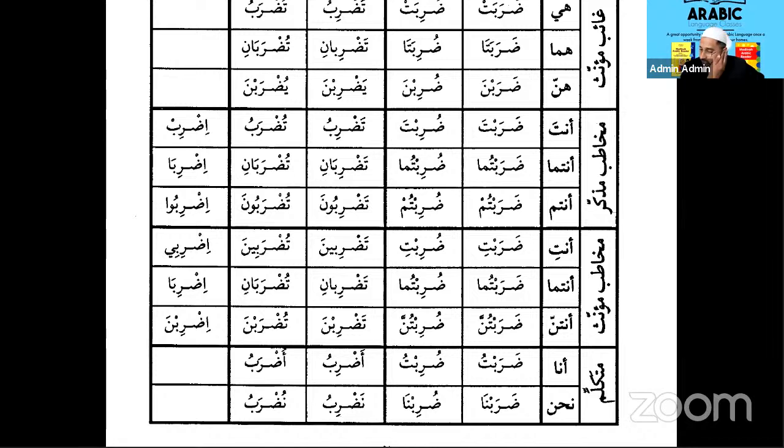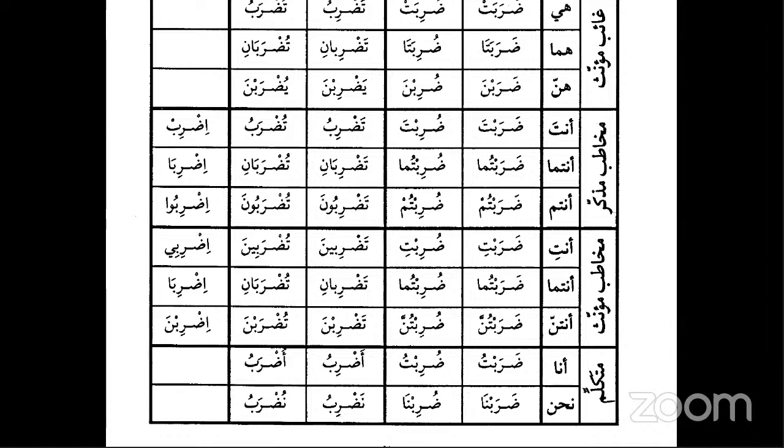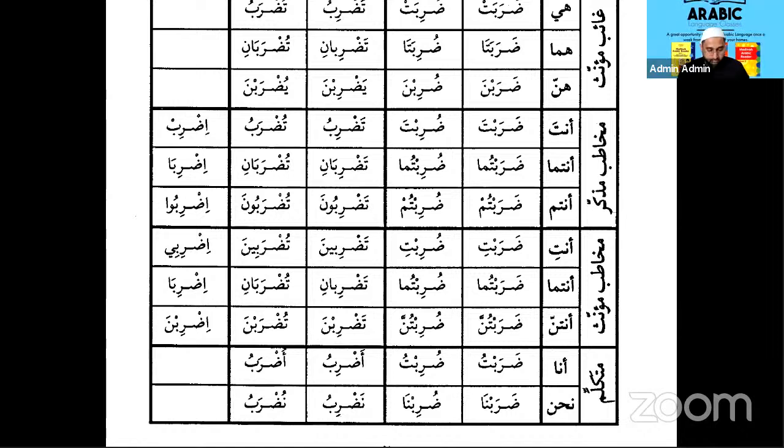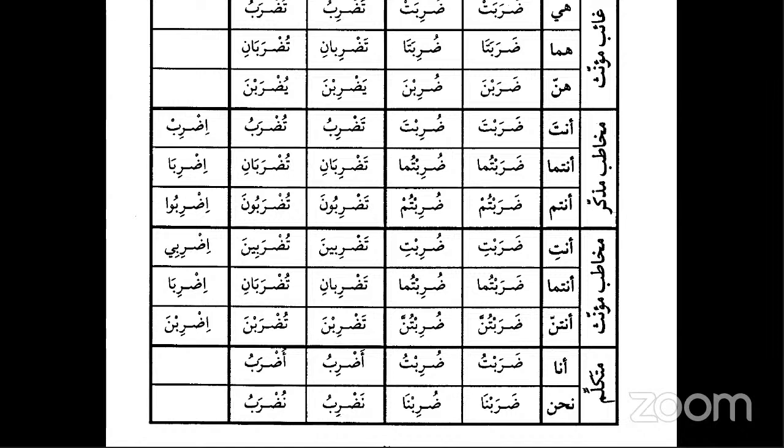In idrib, the middle letter has a kasra, so the first hamza will have a kasra. Idrib, and the ra will be the same. Tadribu, idrib. Right. Correct. Then tadribani will be idriba. The noon will be removed.